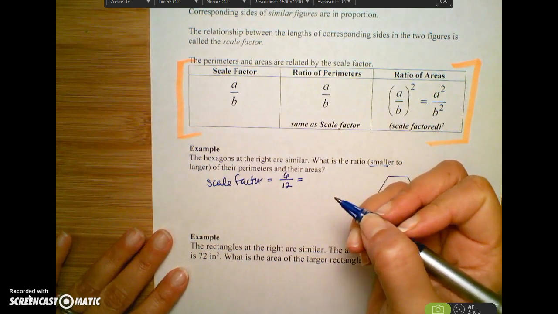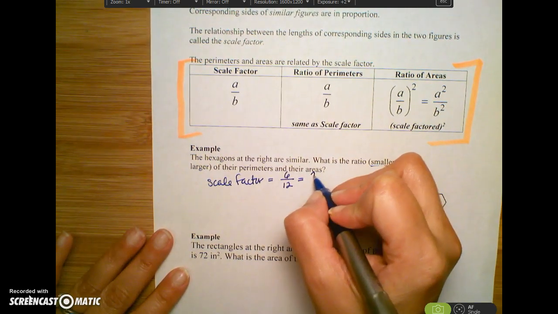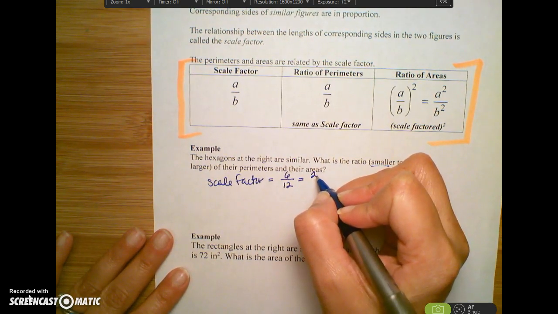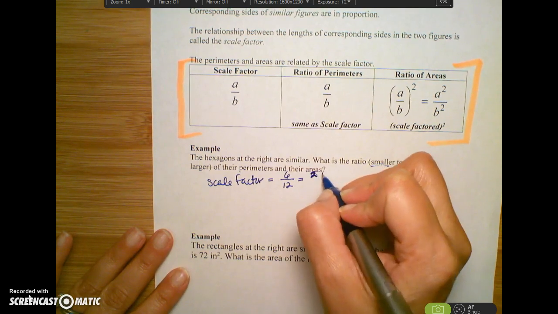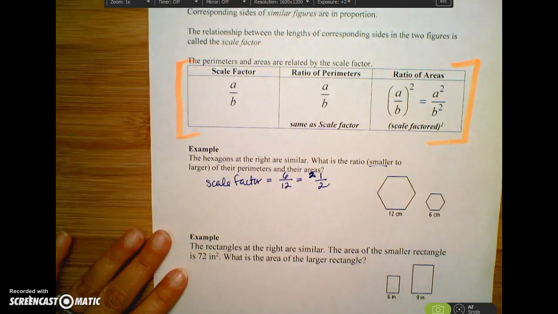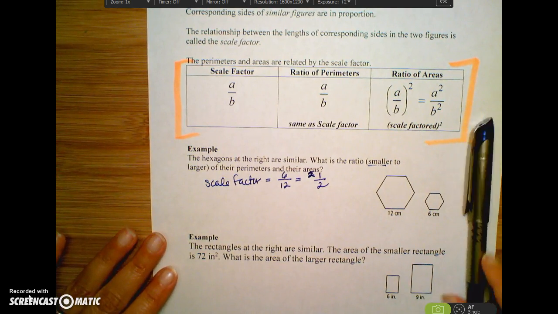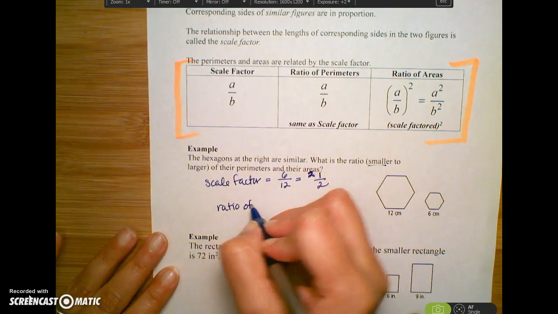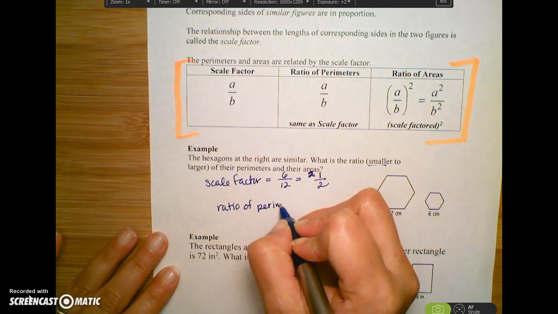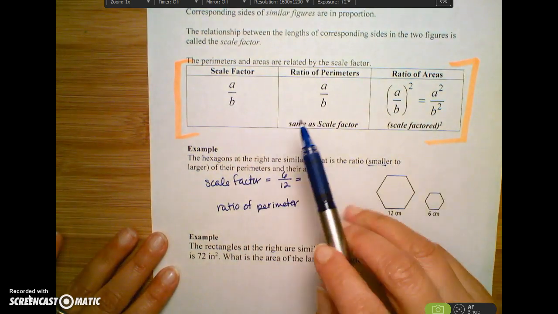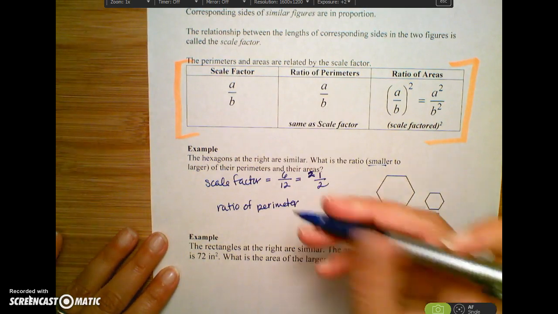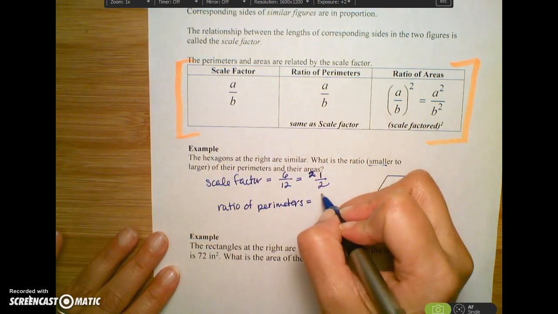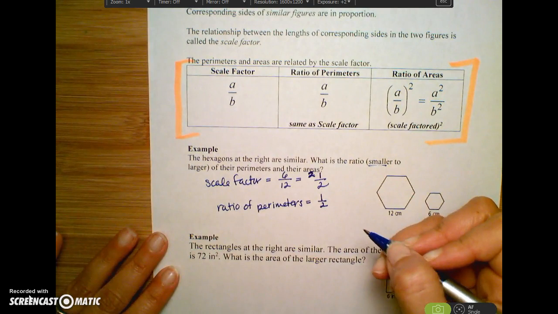You should always reduce, and so by sixes, that becomes 1 to 2. Okay, so our scale factor is 1 to 2. So that means that our ratio of perimeters, according to the box up above, will be the same as the scale factor, which will be 1 to 2.